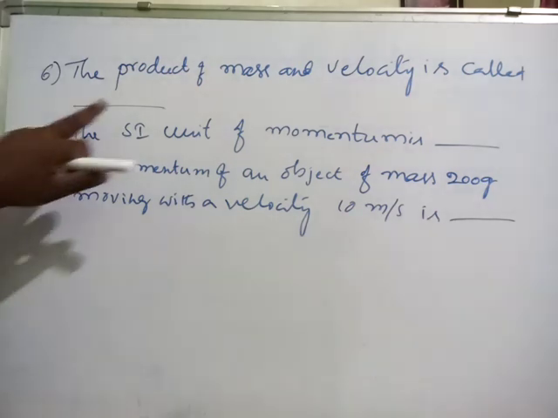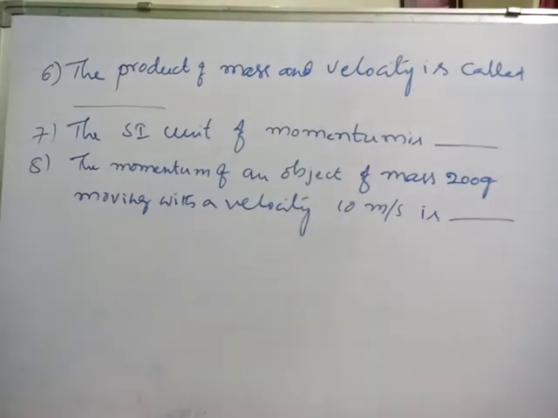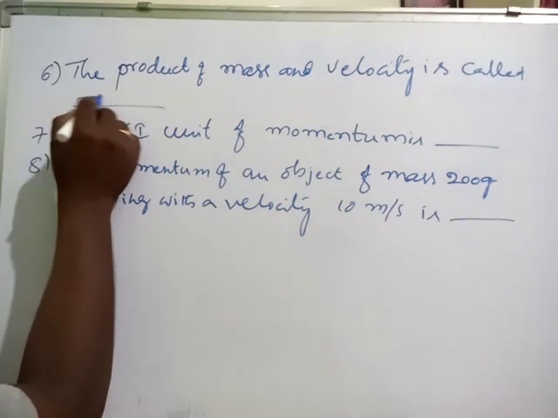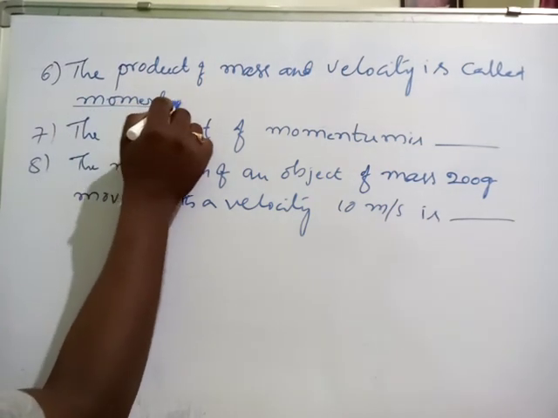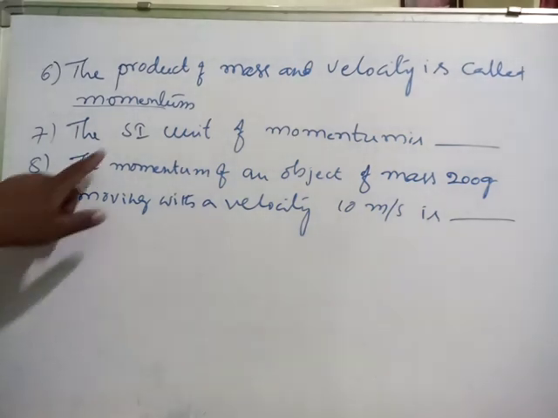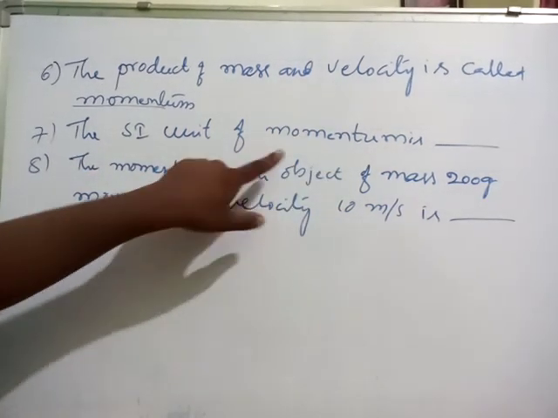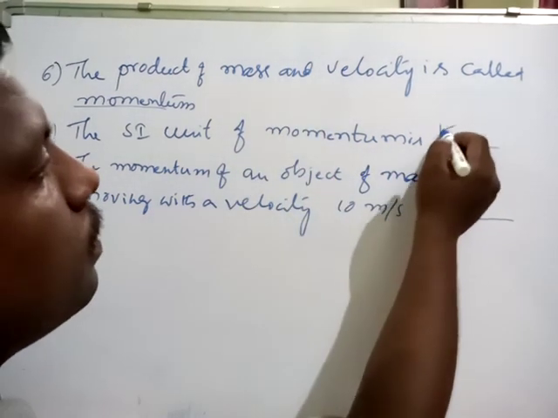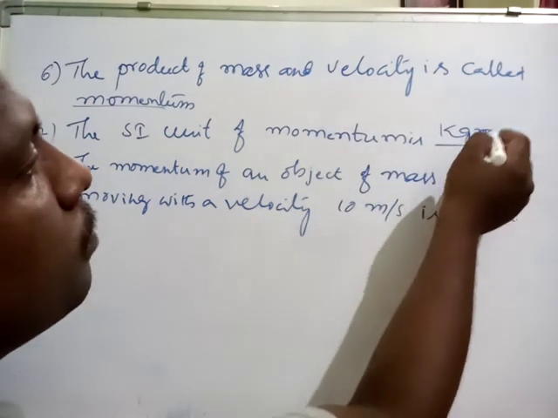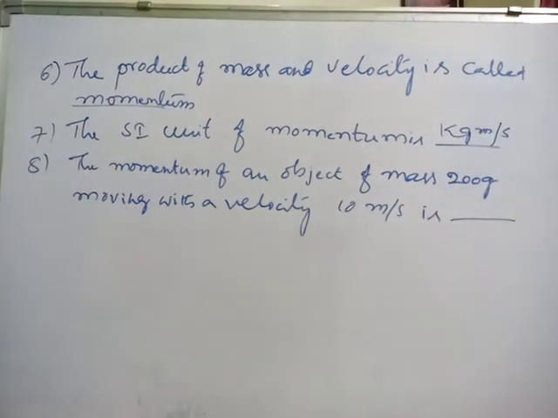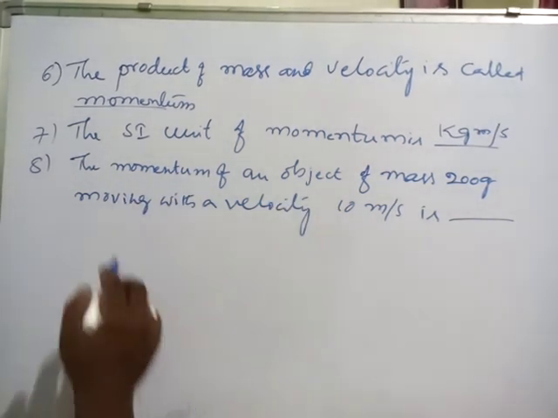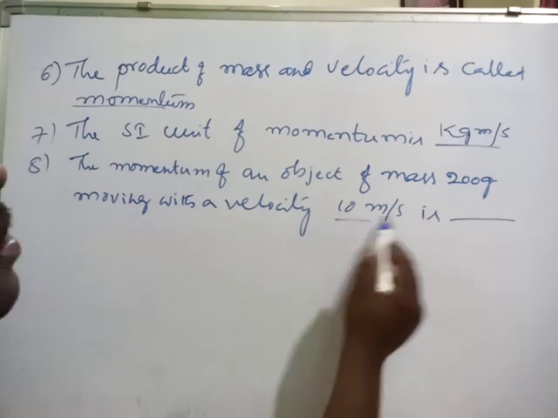Now, the product of mass and velocity is called momentum or linear momentum. SI unit of momentum: momentum means mass and velocity, so kg, and velocity means meter per second, so kg meter per second. Next, the momentum of an object of mass 200 grams moving with velocity 10 meter per second.